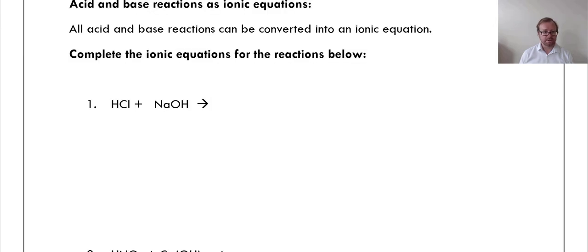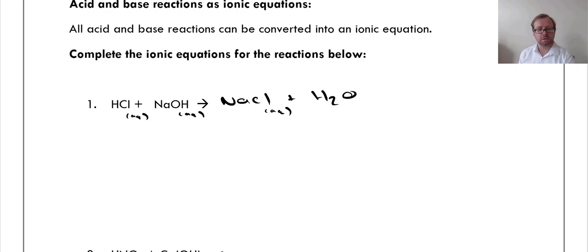Okay, I assume we found this quite straightforward. So I have my acid plus my alkali, so I'm going to make a salt plus water. So NaCl plus H2O. Remember our definition: a salt is when the H+ of an acid is replaced by a metal ion or an ammonium ion. Now I'll go through the first one properly to show you how to work out ionic equations, but after that we won't bother doing it so much. So we'll write the state symbols in here, aq, aq, aq and l.